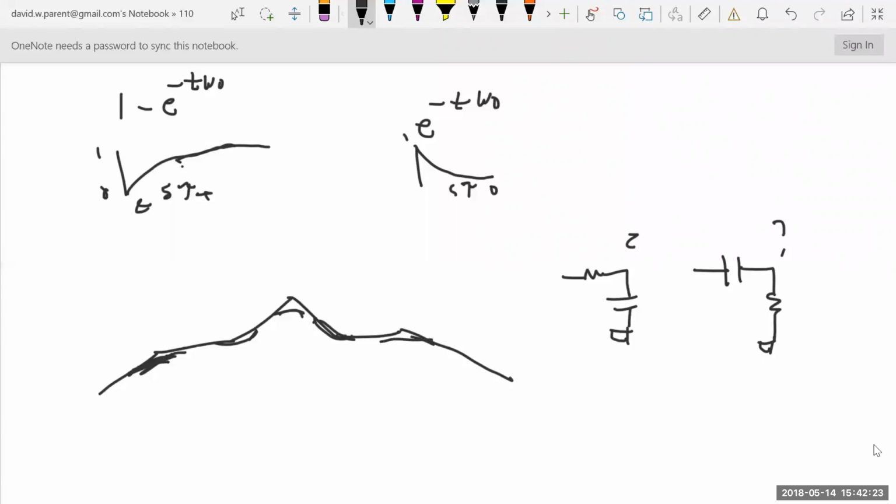The high pass, like ultimately, passes the derivative. If it's no derivative, it goes to 0, right? Here, then it goes down, and goes down again, right?